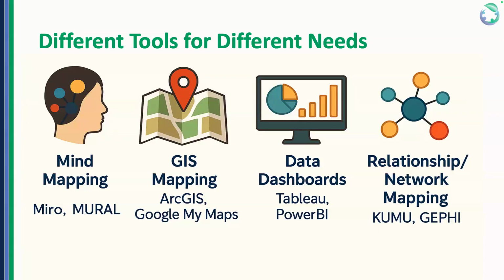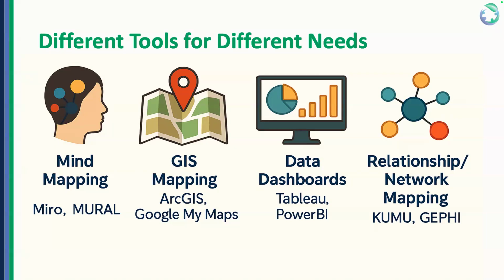Starting with Miro and similar tools, these are really great for brainstorming and visually organizing ideas, aka mind mapping. If your goal is to capture concepts, workflows, or team roles in one place, mind maps are flexible and quick and still count as a network map, but they're not designed to show relationships between organizations in the system as well as others that might be accessible to you.